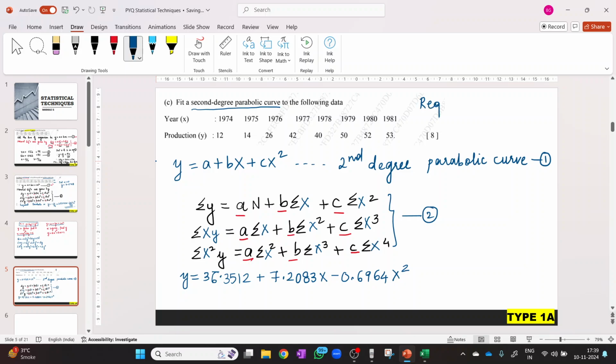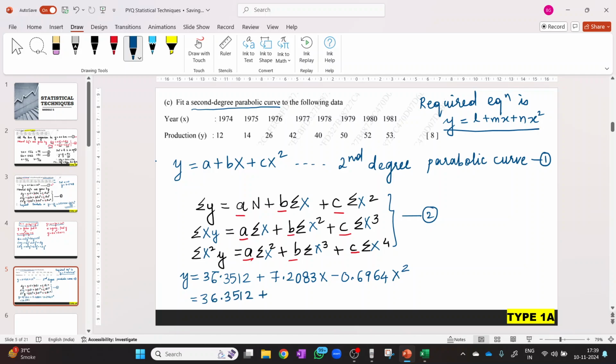Your required equation would be y equals L plus mx plus nx square, something like this. Okay, in small alphabets. So what do we do here?